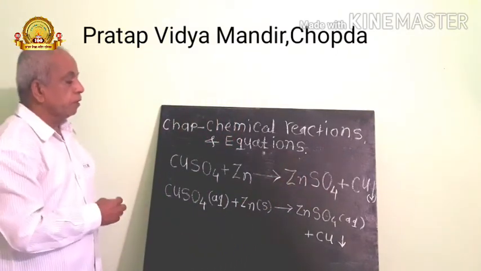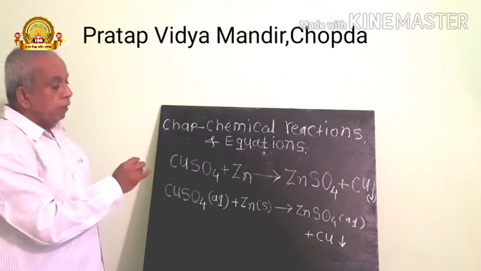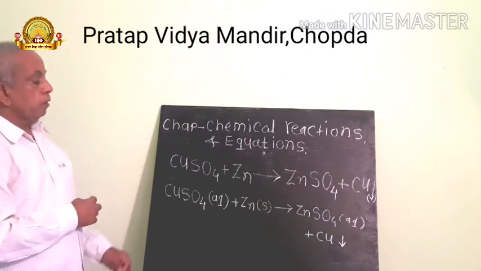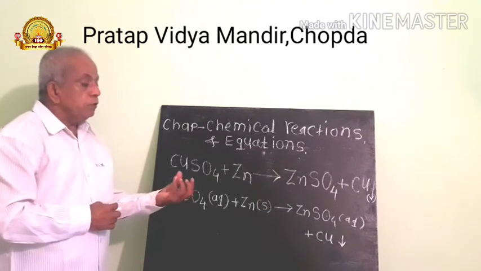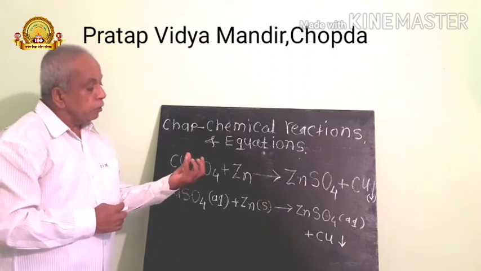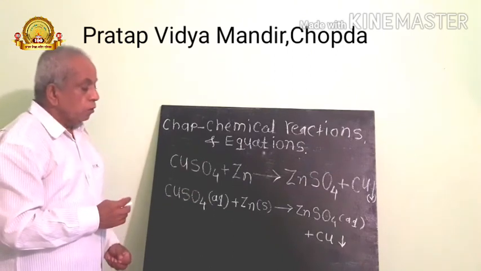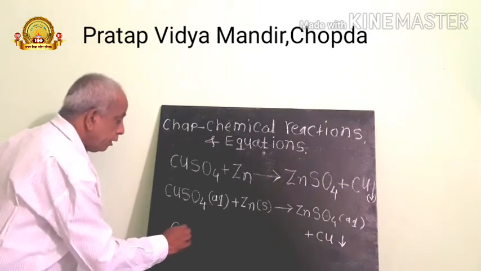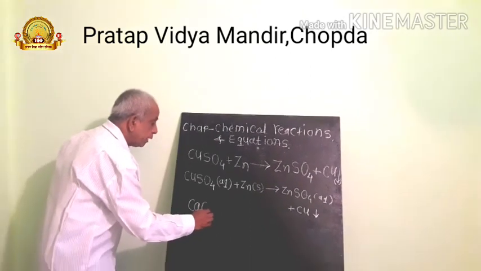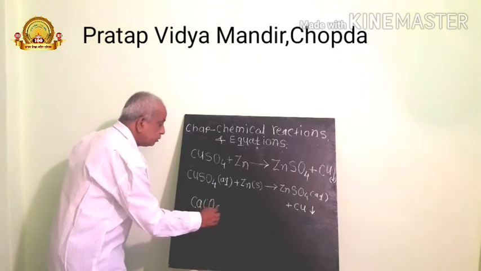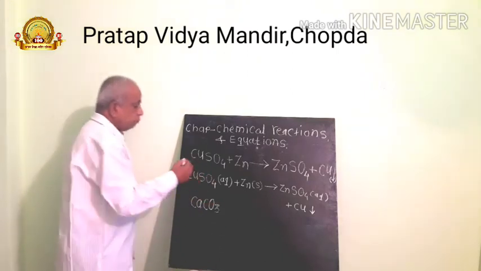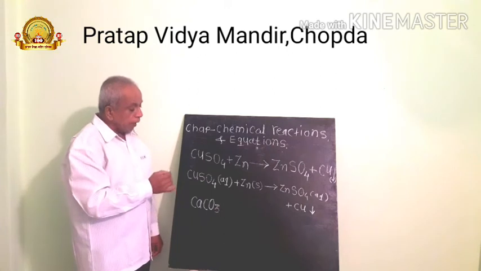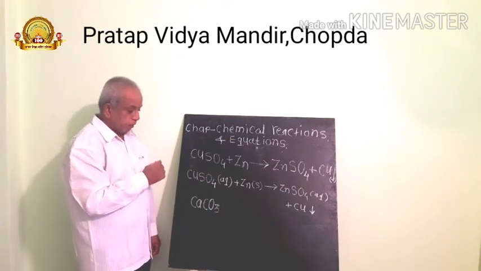Sometimes in a chemical equation, energy is given out. As an example, consider the decomposition of calcium carbonate, CaCO3. In Marathi it is called chunkhadi.